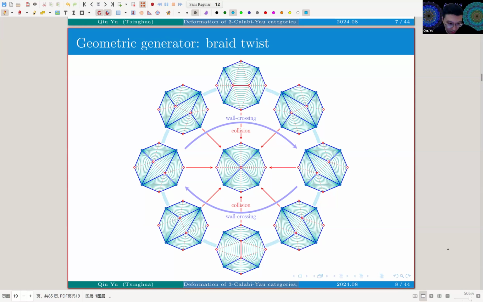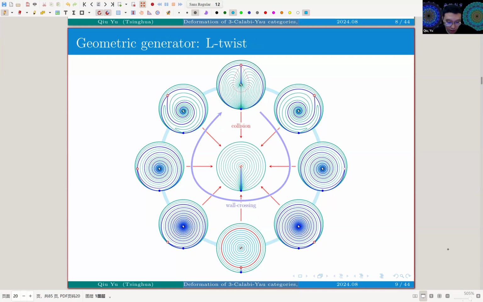These are the geometrical realization of the generators for the braid twist or L twist. Essentially, we will later understand the braid group as the fundamental group of some moduli space, and this type of picture are points of that moduli space.